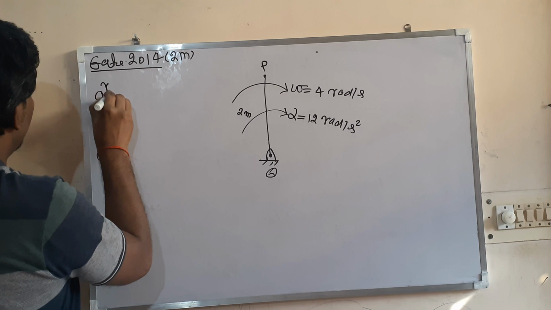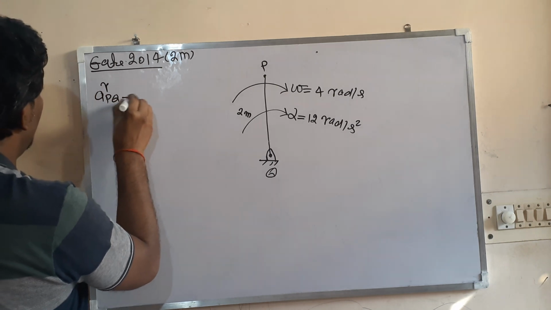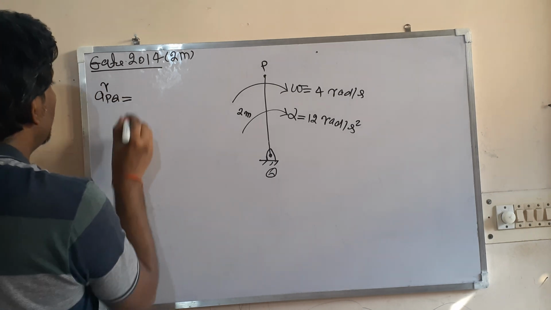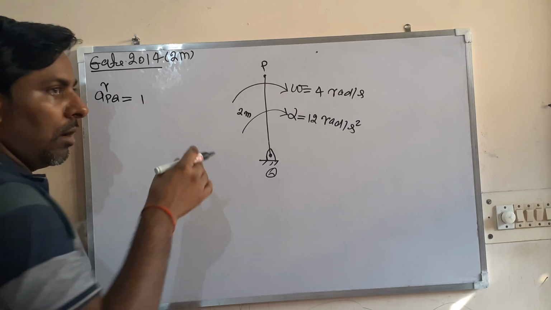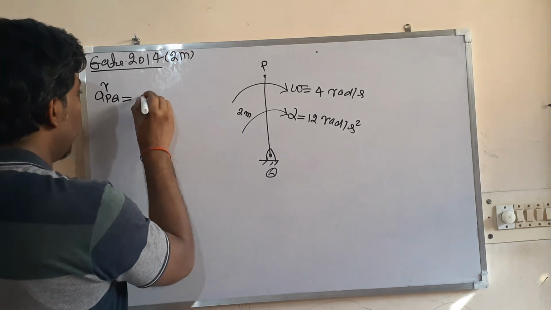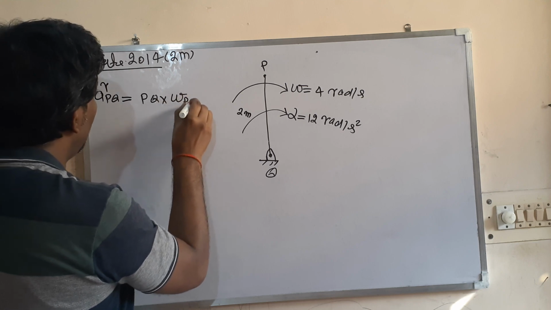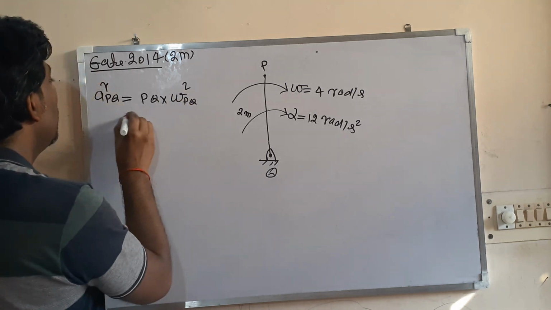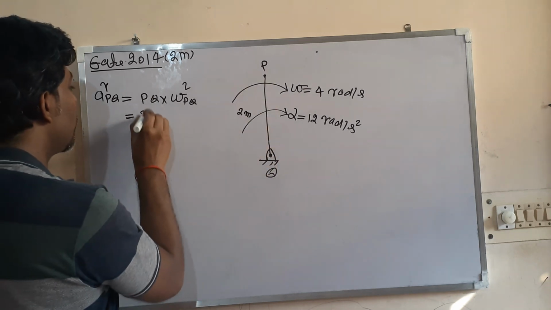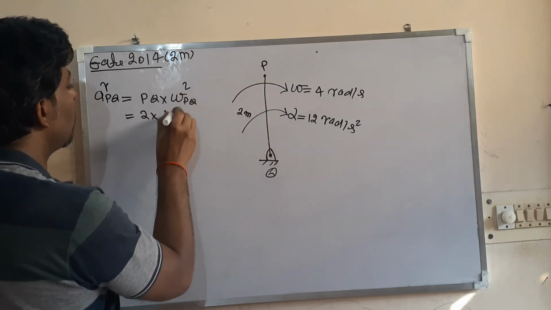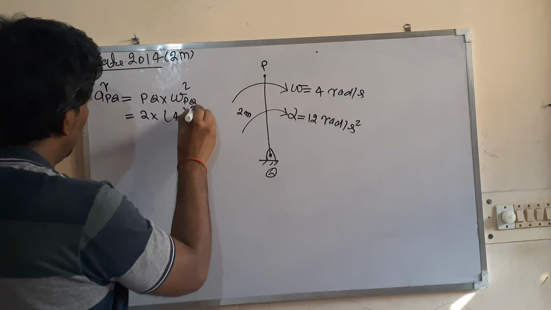Radial acceleration of P with respect to Q will be equal to r omega square. The radius is PQ, into omega PQ whole square. PQ is 2 meter into omega, that is 4 square.